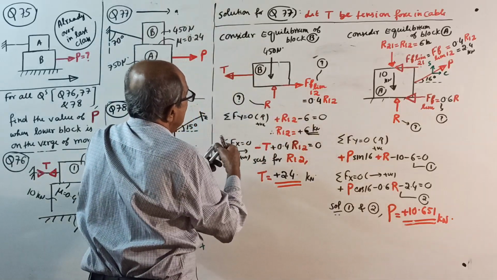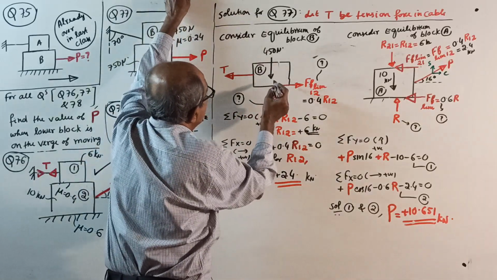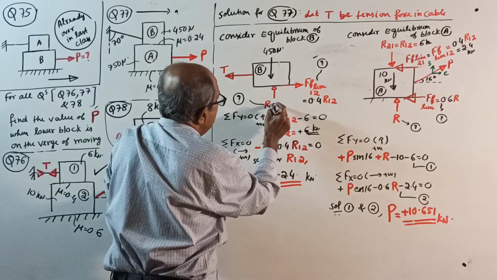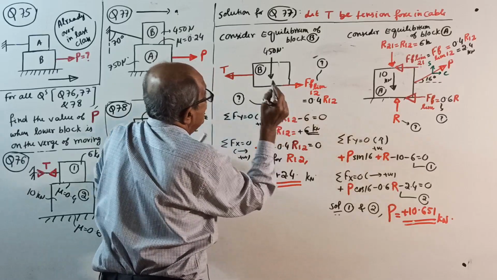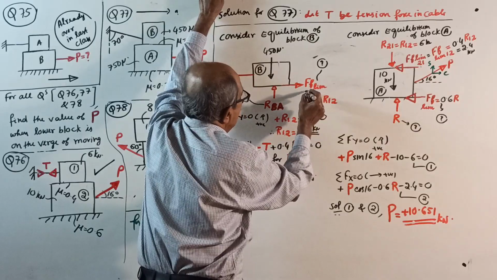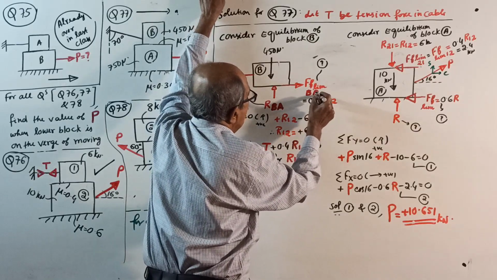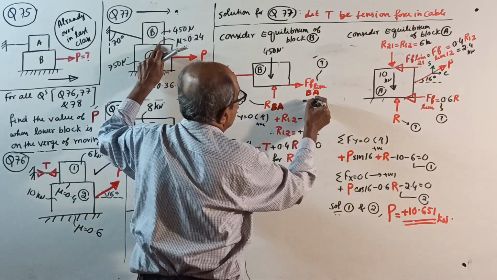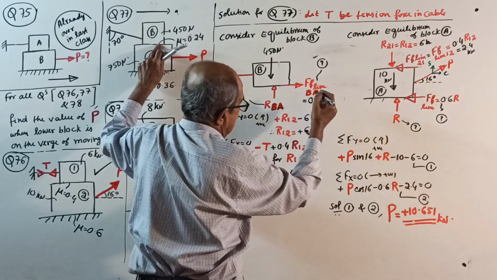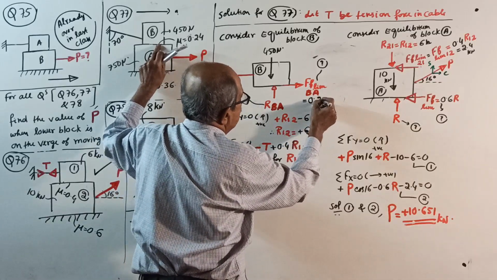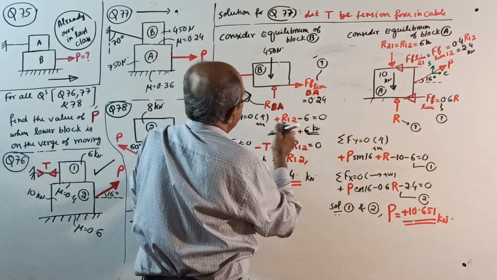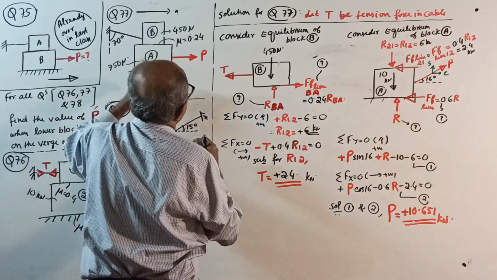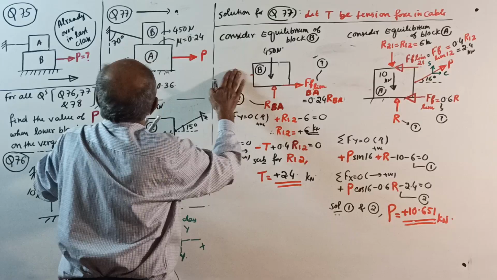Now it is called the reaction for block B, the reaction for block B from block A. Friction for block B from block A equals, what is the coefficient here? 0.24 times RBA. And then the tension in the cable is inclined here, see.